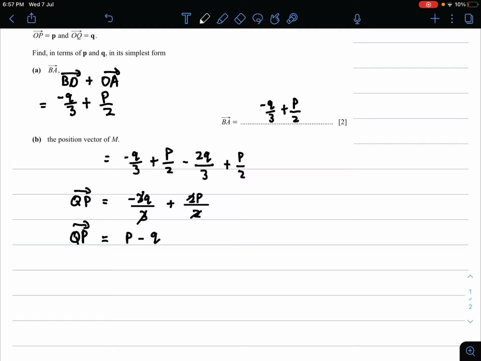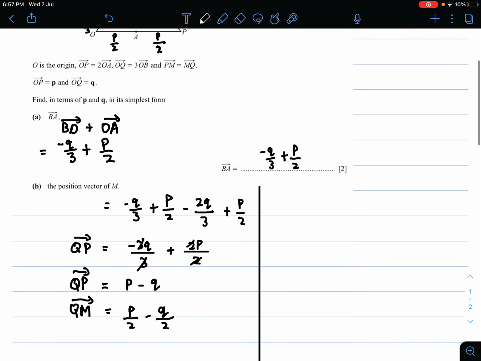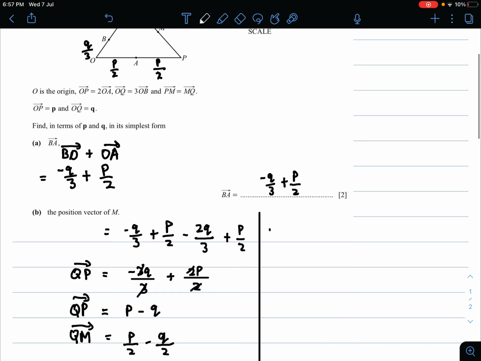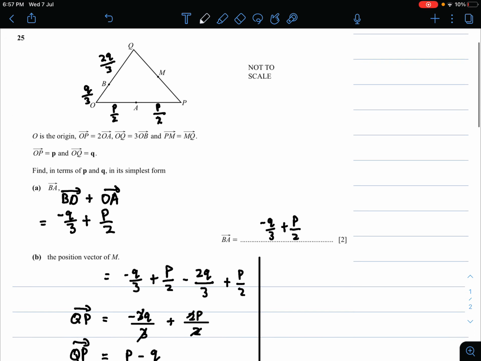Now QM would be exactly half of that because we know M is the midpoint, so we can write P by 2 minus Q by 2. Now let's work our way from the origin to M because we need to find the position vector of M. So we can work our way from O to B plus, or actually you can just directly write OQ.